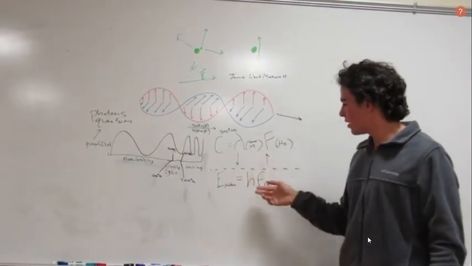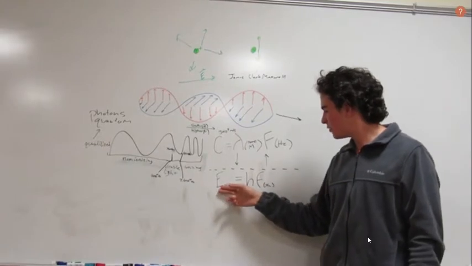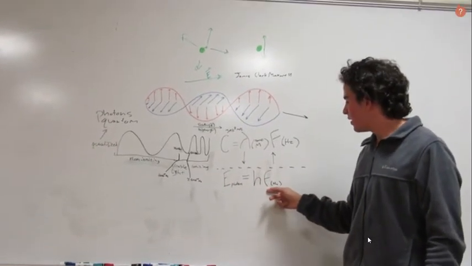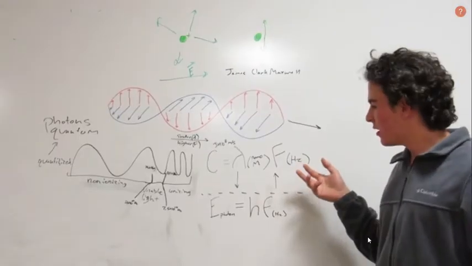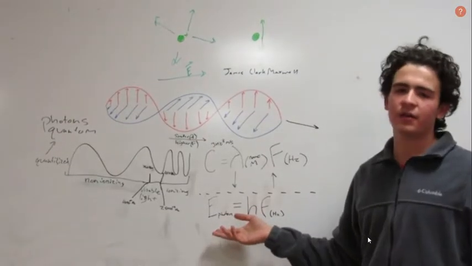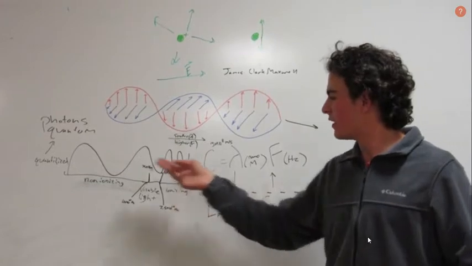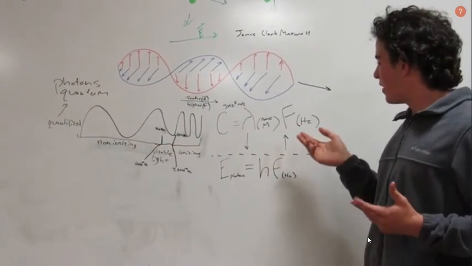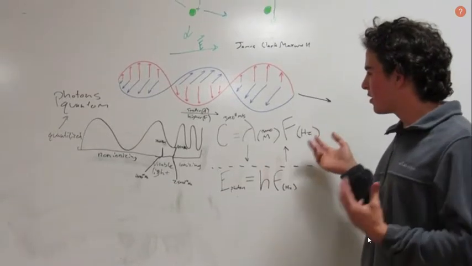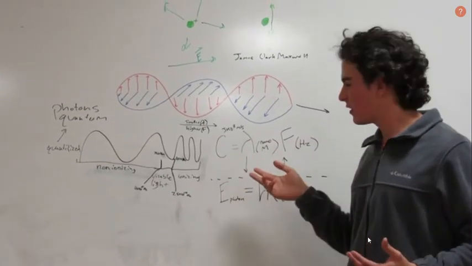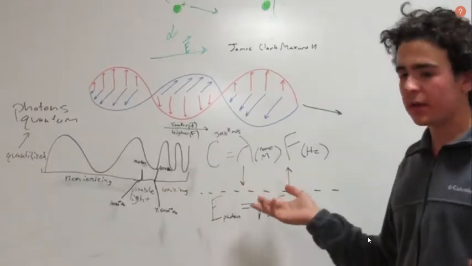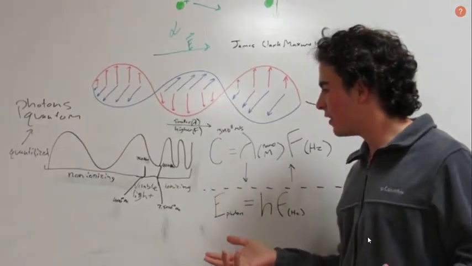So the equation for the energy of a photon is Planck's constant times frequency. So when we have a bigger frequency, we have more energy in these photons. Whenever there's a higher frequency, there's going to be more energy in these photons, and that's going to start to do damage to us, or cause tumors and brain tumors and stuff like that.